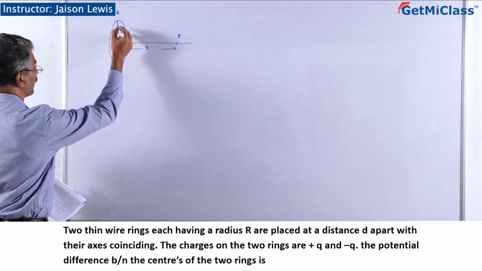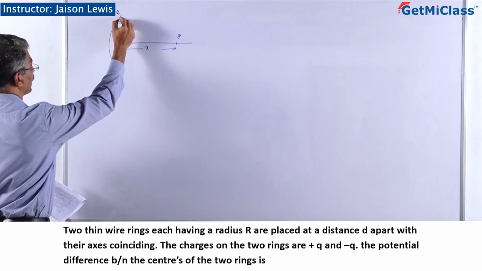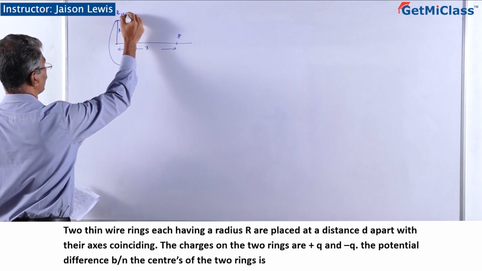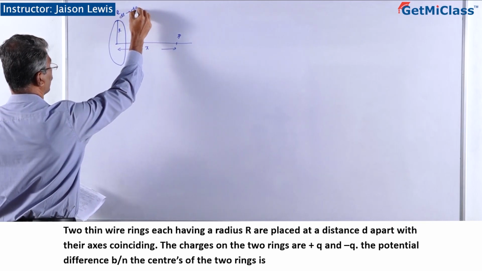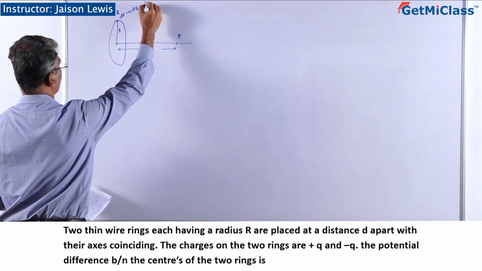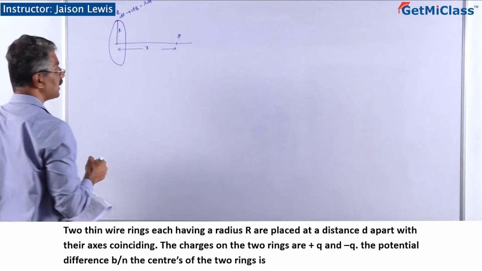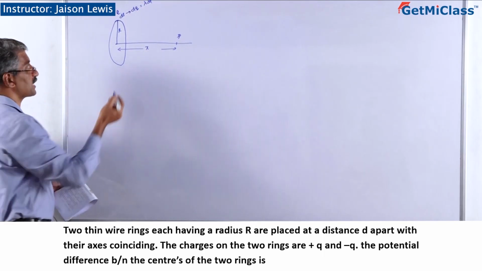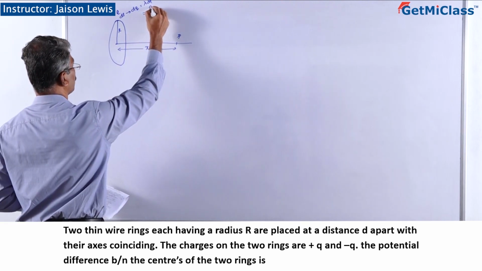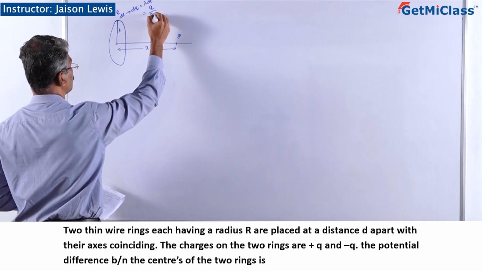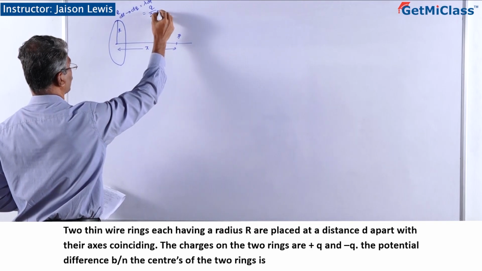For this, let me take a small length here called dl, and this dl has some charge, say dq. dq is equal to lambda times dl, where lambda is the linear charge density. It is q divided by 2 pi r, into dl.